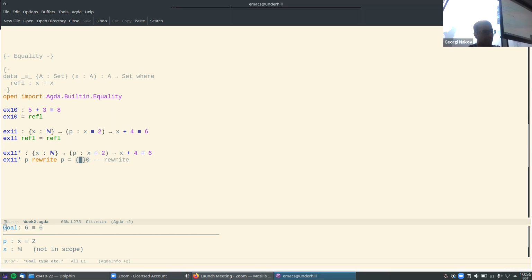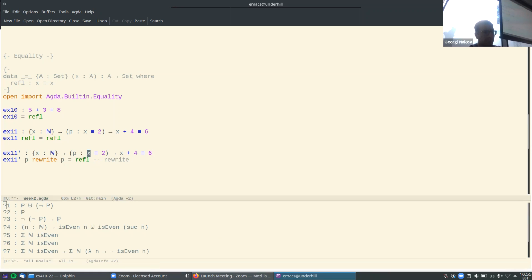And now we're good to finish the goal in the same problem. So yeah, in fact, this proof is this proof in disguise. But yeah, rewrites will work harder.